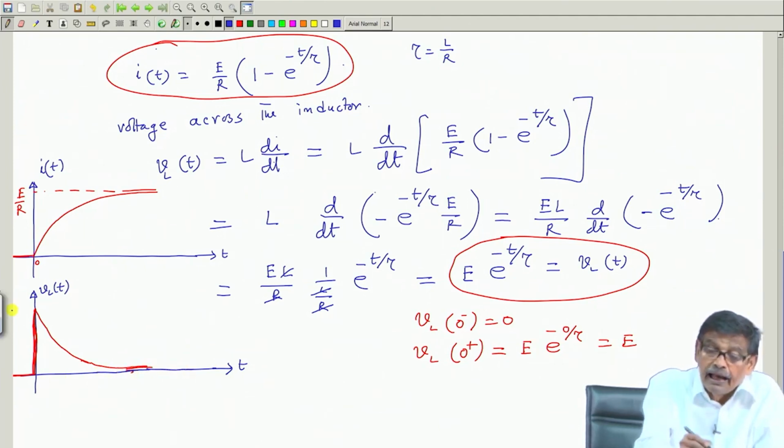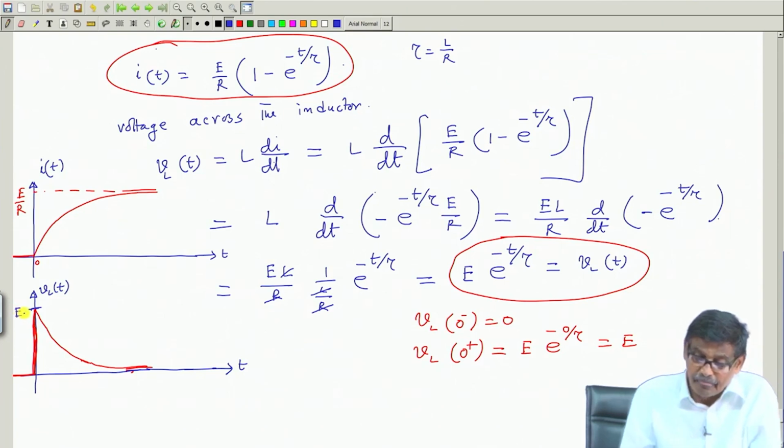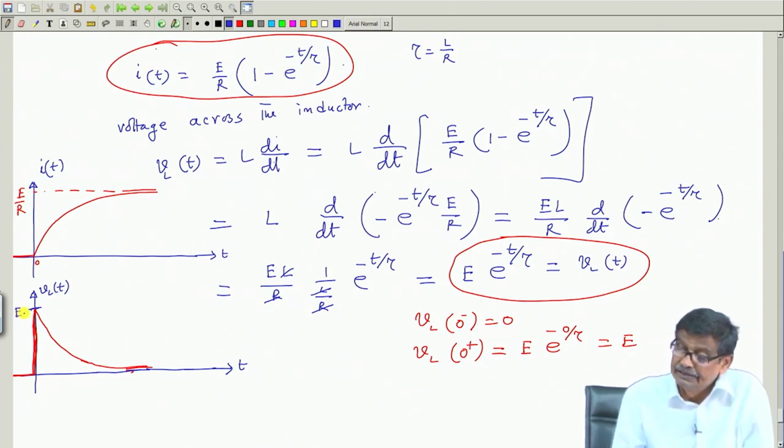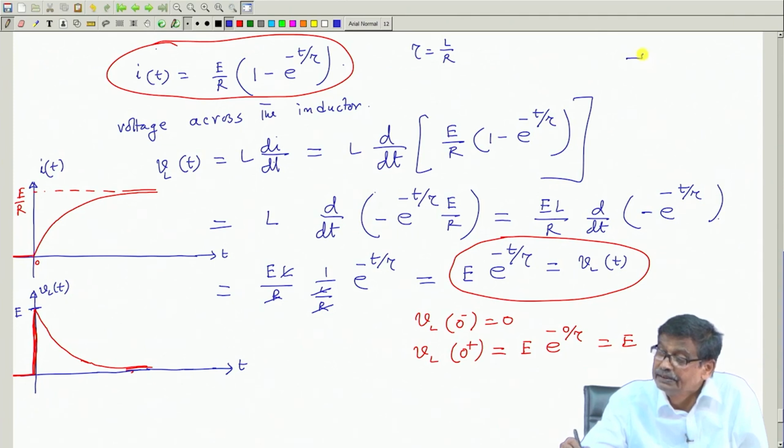Got the point? And at t equal to 0, this value is E. So, this is the thing, that is an RL circuit.